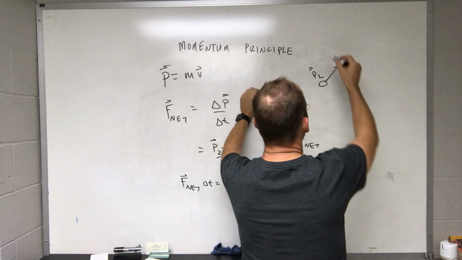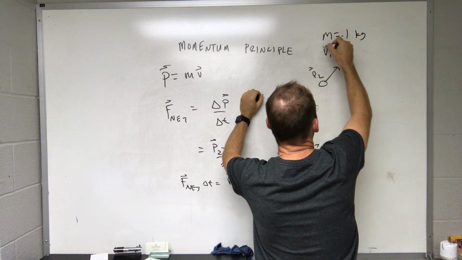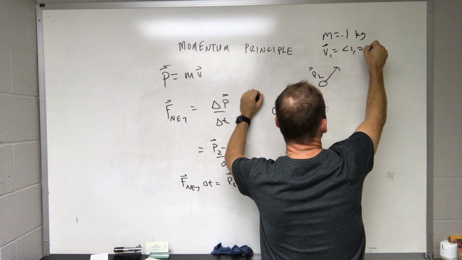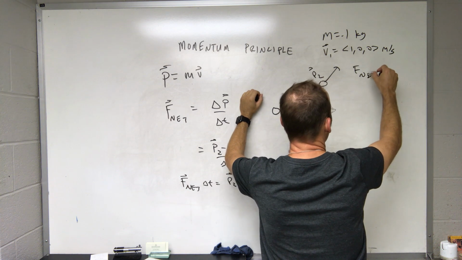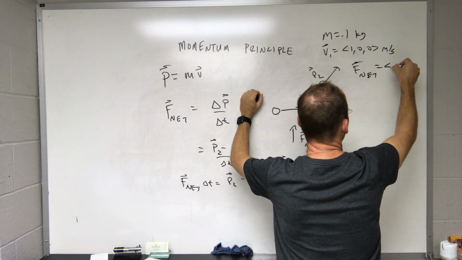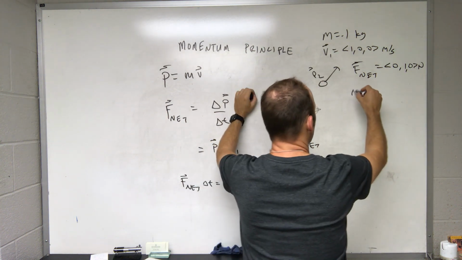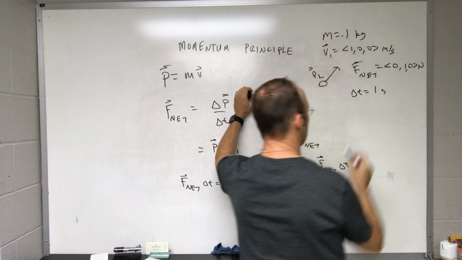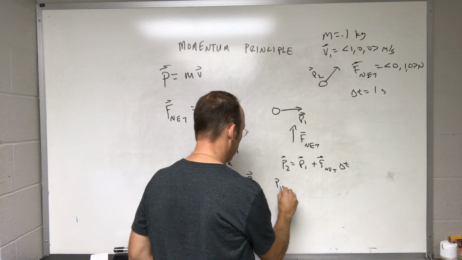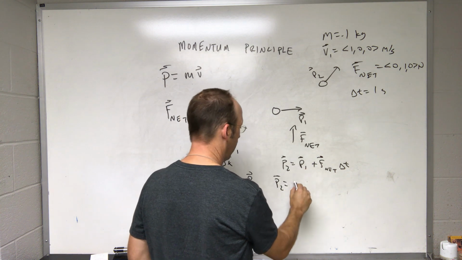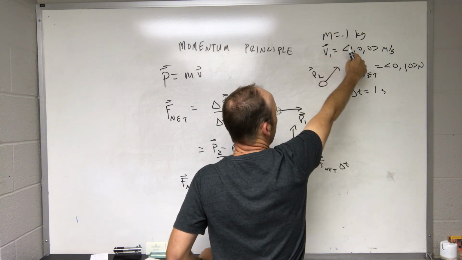So let's just pick some values here. Let's say the mass is 0.1 kilograms. V1 is 1 meter per second. F net equals 1 newton, and delta T equals 1 second. So now I can just put in my values here, and I get P2 equals P1 plus F net delta T. P1 is going to be equal to mass times velocity, so that's going to be 0.1 times 1.